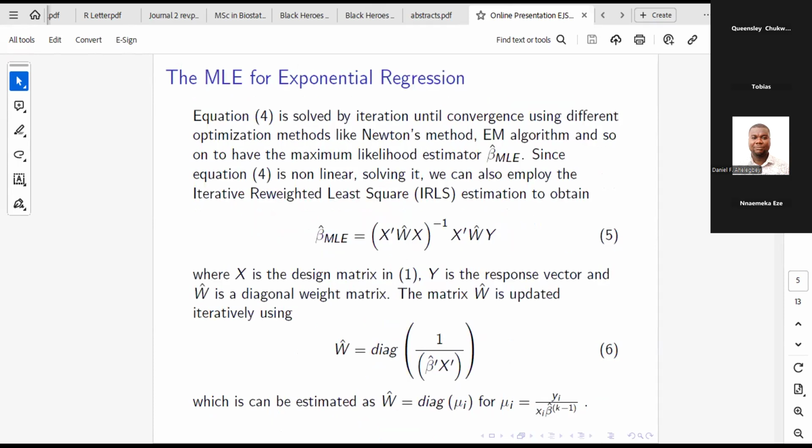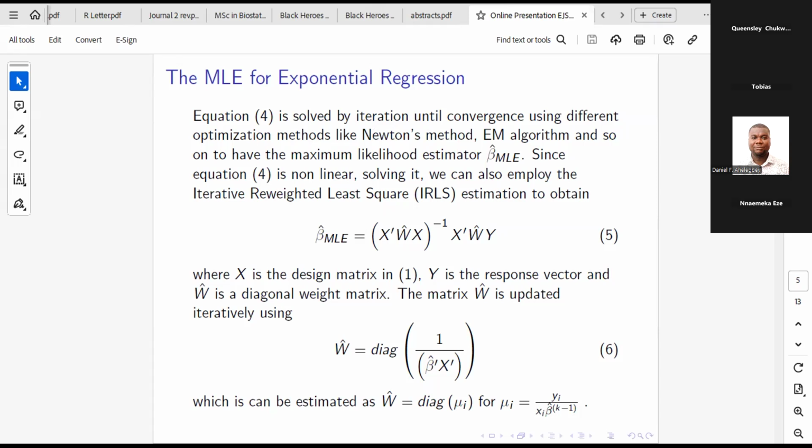If we use what we call the alternative reweighted least squares estimation, we would obtain a maximum likelihood estimator for the exponential regression, which is given by equation number 5. In that equation, X is the design matrix, Y is the response vector, and W, which is presented as an estimate, is a diagonal weight matrix.